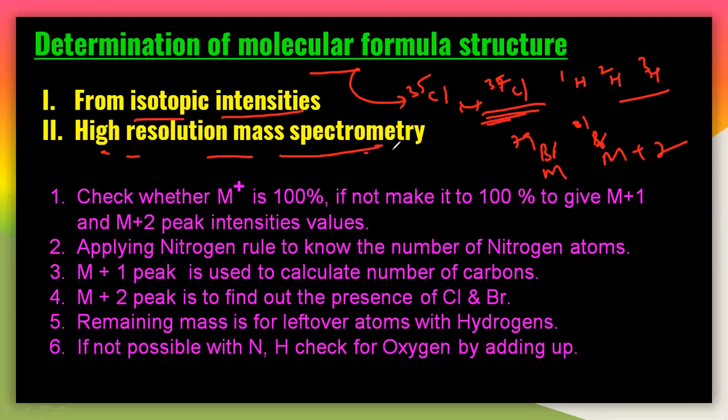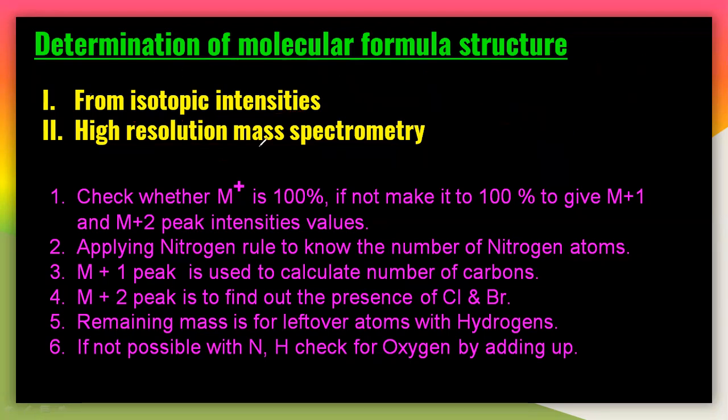High resolution mass spectrometry. Actually this high resolution mass spectrometry does not involve any particular calculation. We can directly see the molecular formula in that particular spectrum here. Actually in this high resolution spectrometry, there is an instrument here, and this is a very high resolution mass spectrometer. That means it can easily differentiate each isotope here.